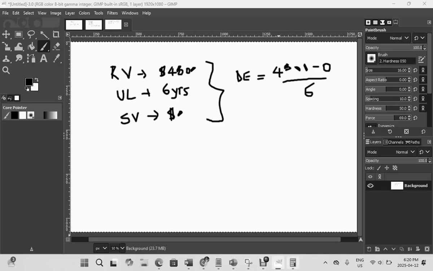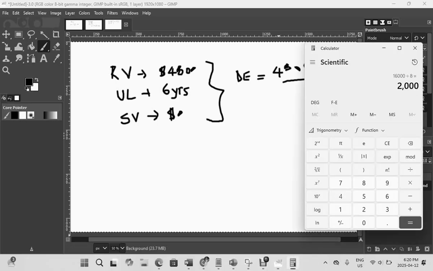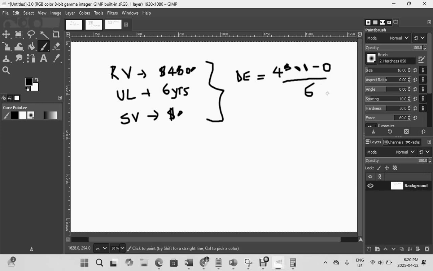So again, 4,800 divided by 6 years. This will be $800 altogether. So this will be your new depreciation expense, $800. Suppose this is straight line depreciation.